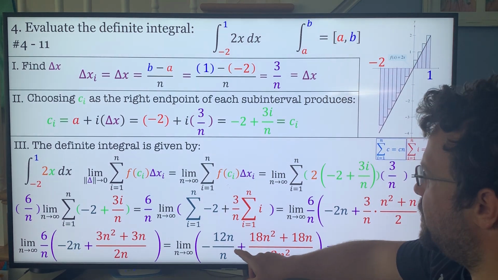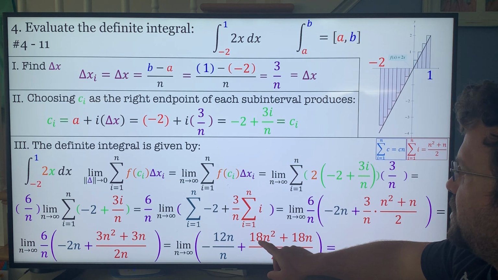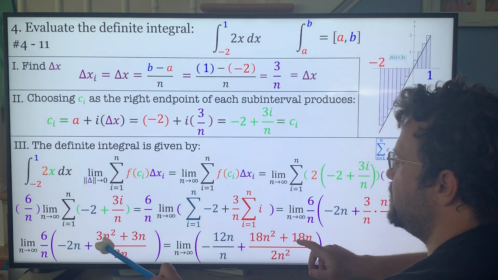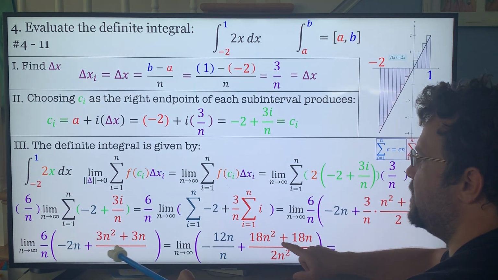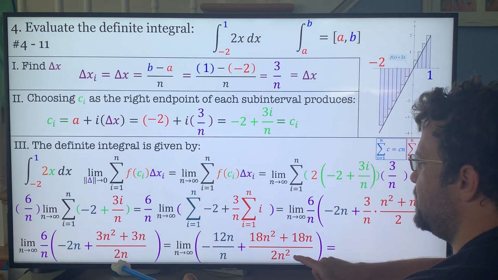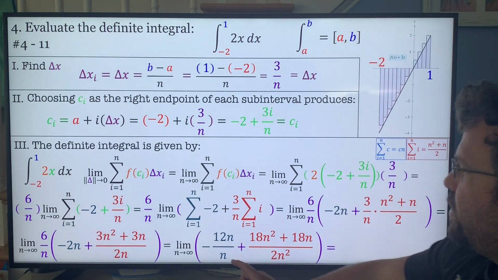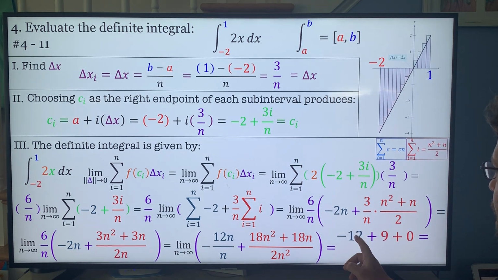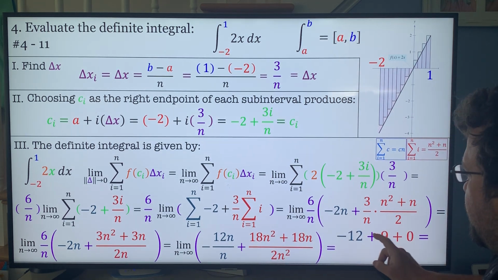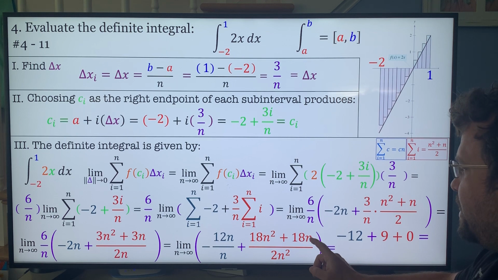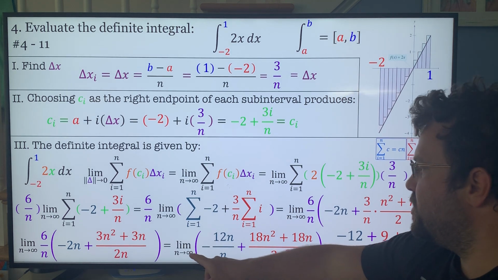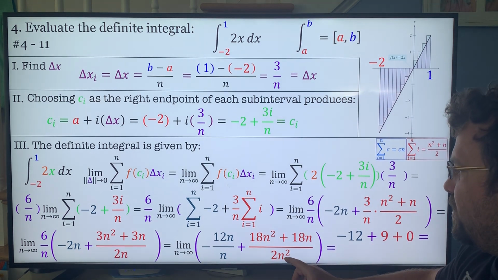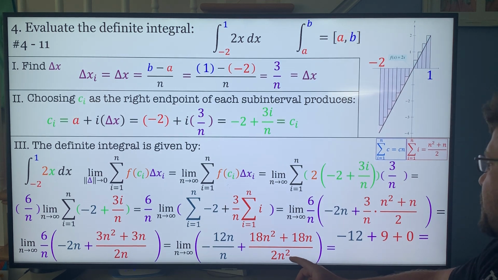And watch what happens here. 6 times 3n squared is 18n squared, over 2n squared. Reduce. The n's cancel out, leaving you with negative 12. The n's cancel out, leaving you with the 9. And then 18n over n cubed, as n approaches infinity, is 9 over infinity, which is 0.